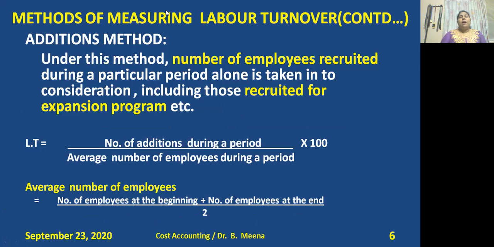Under this method, the number of employees recruited during a particular period alone is taken into consideration, including those recruited for an expansion program. Okay, so the number of additions during a period divided by the average number of employees during a period, into 100. So under additions, any expansion, okay, alone will be considered for this formula.